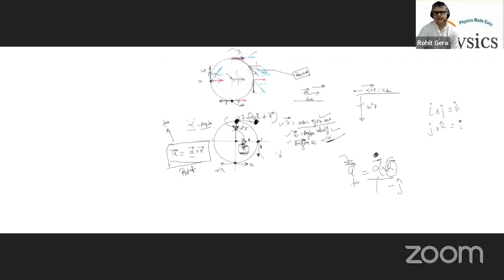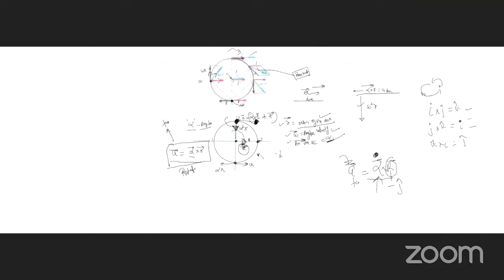So write i j k. But you know r, but do you know alpha in vector format? What is the direction of alpha? We don't know.